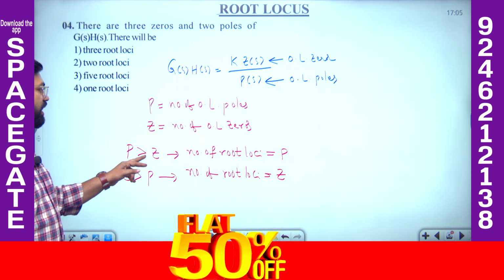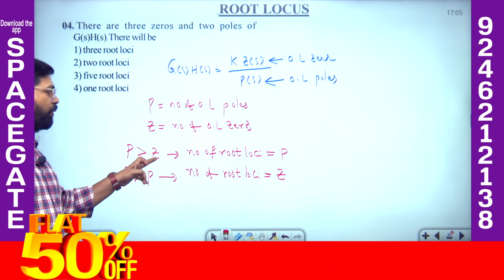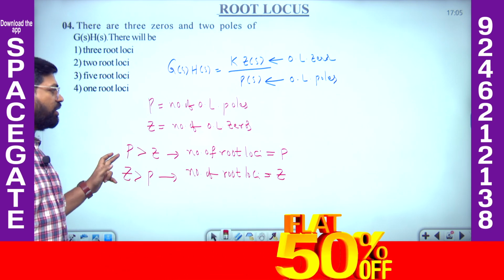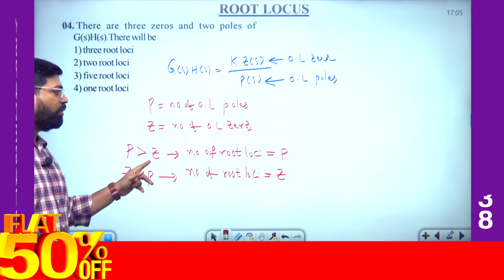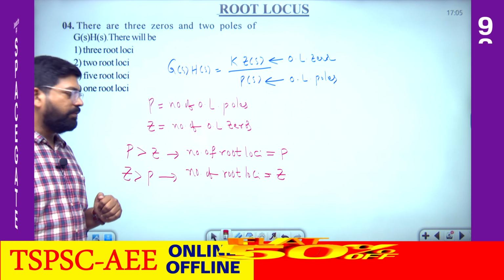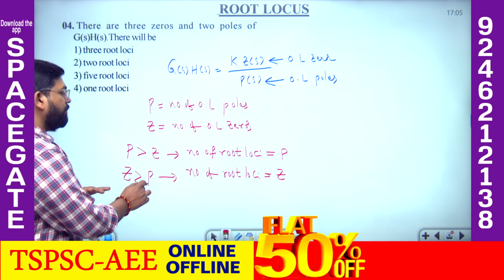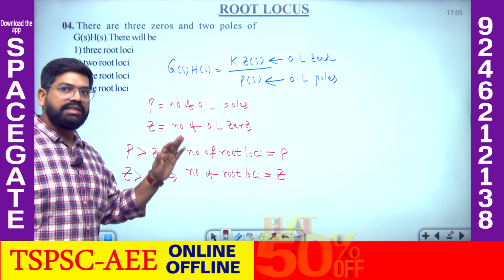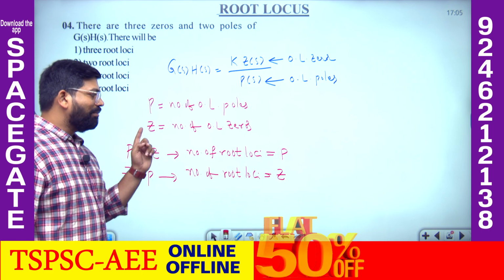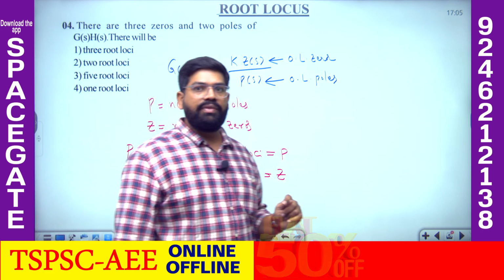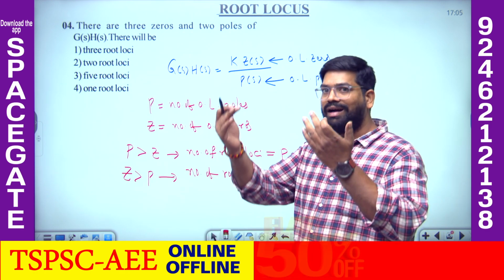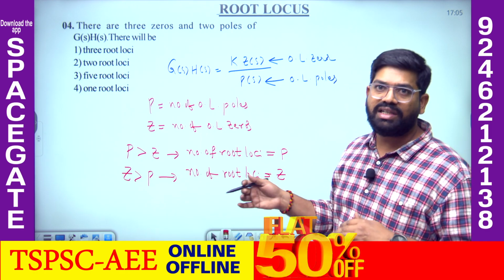If P is greater than Z, Z poles terminate at Z zeros only. What about the remaining? P minus Z poles terminate at infinity. Again, if Z is greater than P, the number of root locus branches will be Z only, and P poles terminate at P zeros only. The leftover Z minus P branches arrive from infinity and terminate at zeros.